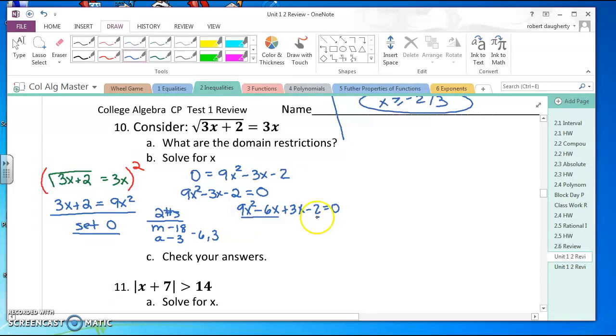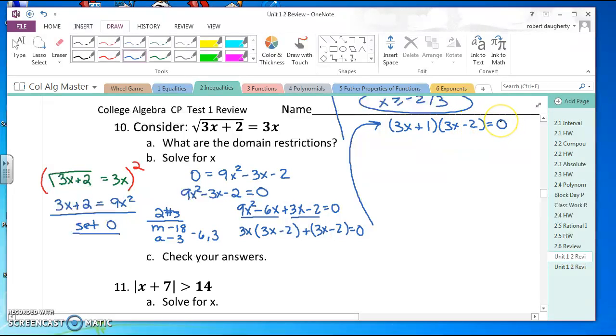Factor by grouping. So I can factor out a 3x, and then I'm left with 3x minus 2 plus 3x minus 2 equals 0. Therefore, my factorization is 3x plus 1 times 3x minus 2 equals 0.